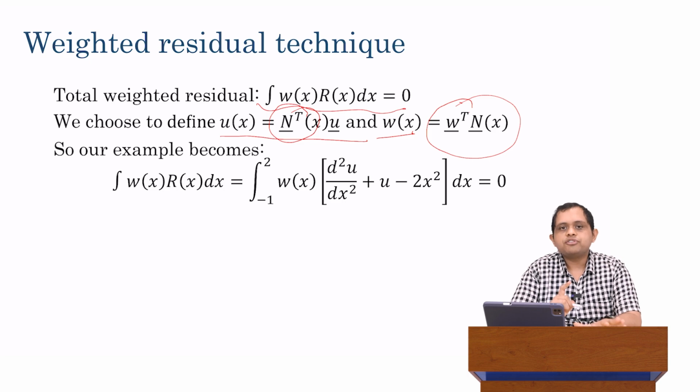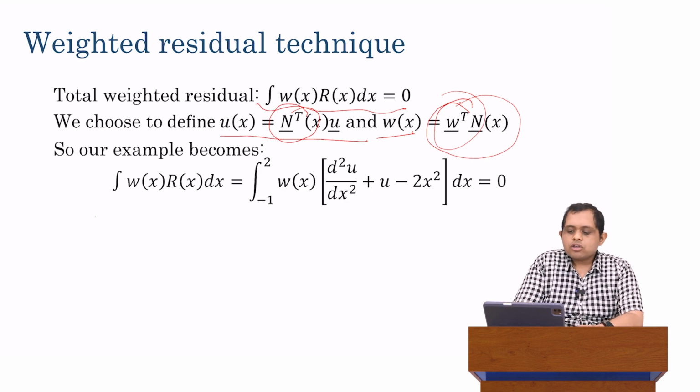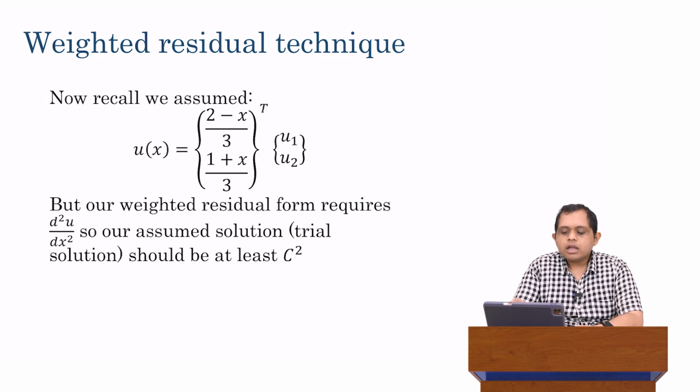So it's the same arbitrary shape as the solution u, into some other constant vector w transpose. If we plug in for this expression, we get the weighted residual as this integral from -1 to 2 of w of x into this residual over here. Again, recall we made this assumption for u.